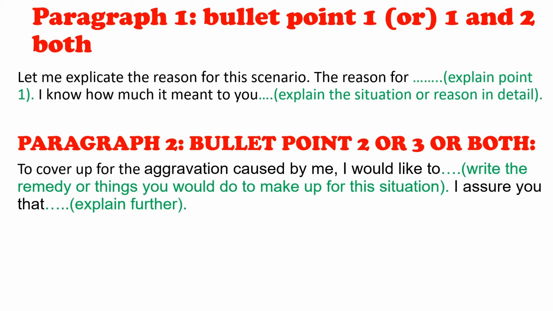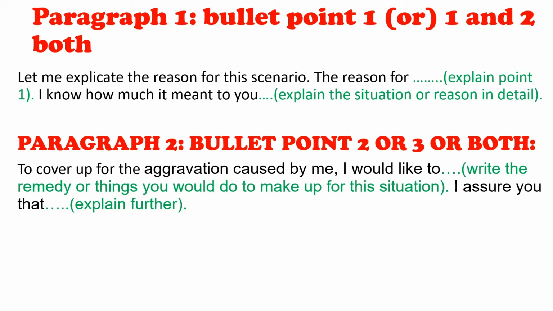Now say what you would like to do. If you missed a meeting, I would like to present my part of the meeting on Monday or Tuesday, or I would like to consult my colleague and get minute to minute information about the meeting and go through it to keep myself updated. Whatever you are going to do to make up for the loss, you are going to write it.